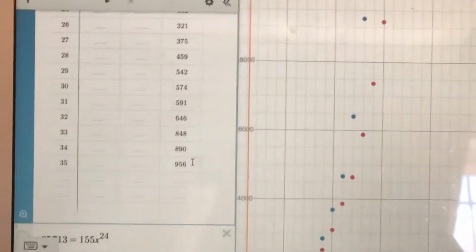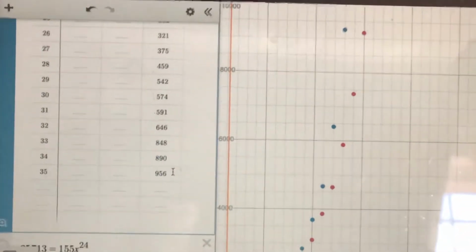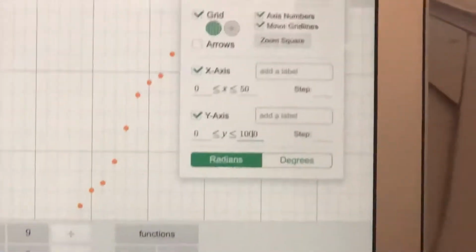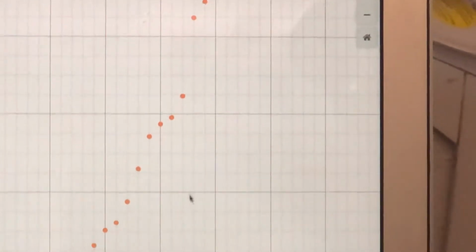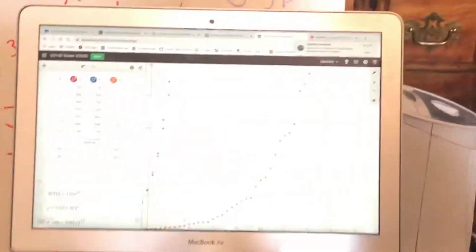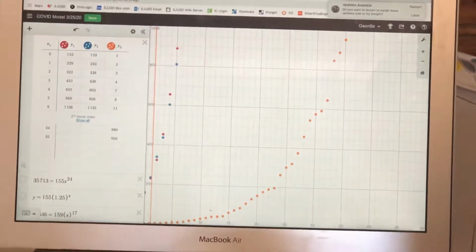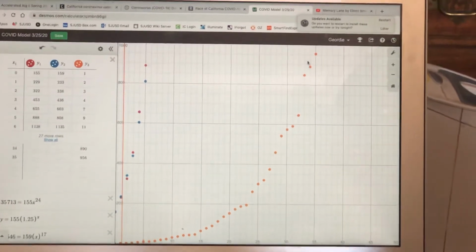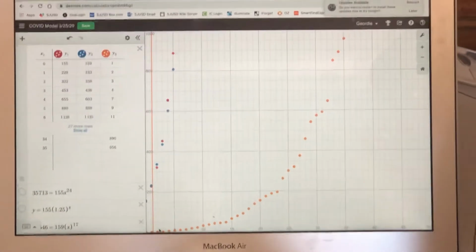On day 35, which is yesterday, April Fool's Day, 956. Let's go with a more reasonable scale. That seems pretty good. And I'd have to say it does map a pretty fair facsimile of an exponential curve.